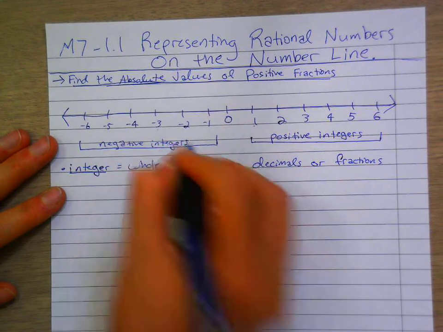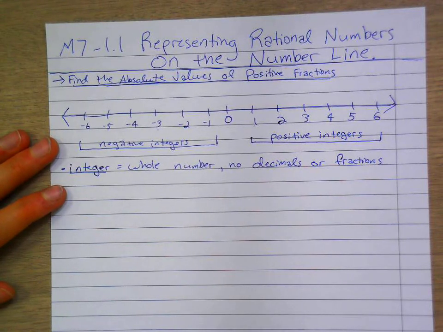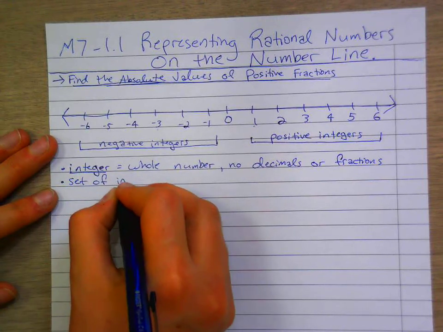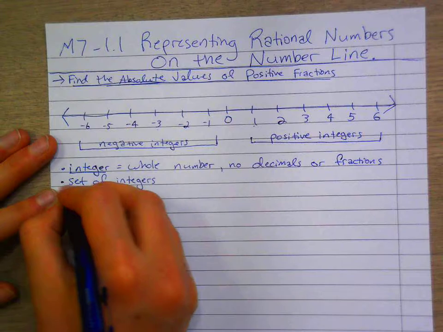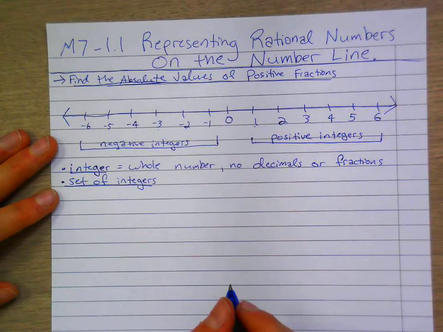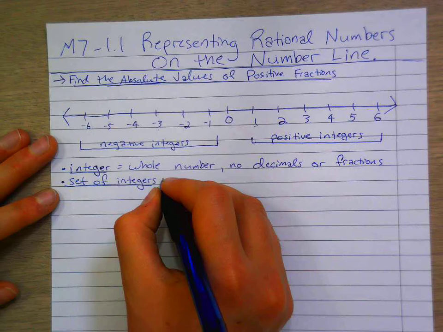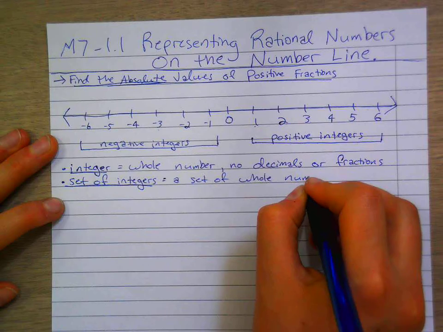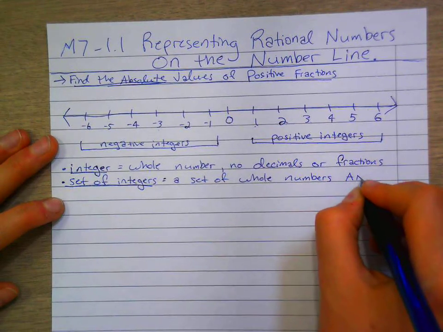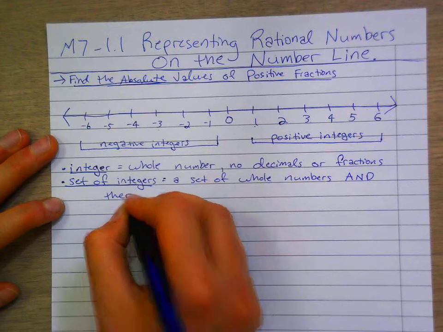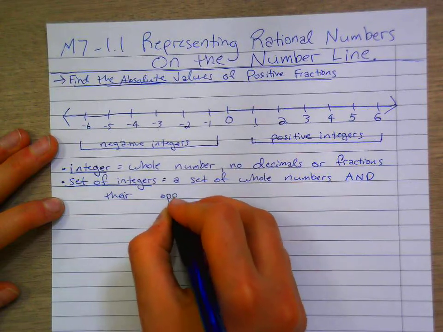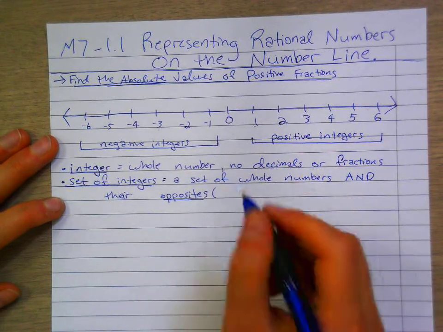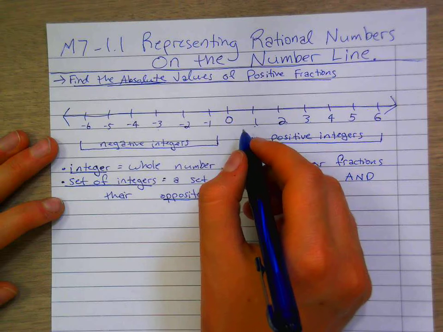These are our integers. When we have a set of integers, like this one, you have a set of whole numbers and their opposites. Opposite means a number that is the same distance away from 0 on the number line.